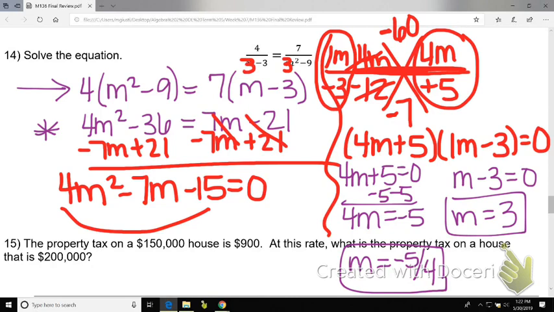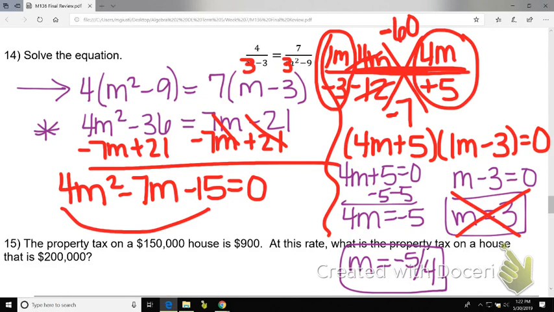No. So this 3 is actually not a solution. It would be extraneous. So even though it worked for the quadratic, it did not work for the original problem. Negative 5/4 would be fine because negative 5/4 minus 3 is not going to give me 0. Okay? So always check for that at the end.